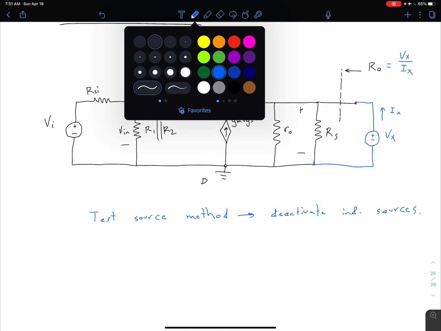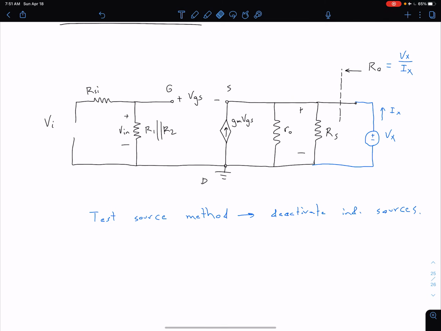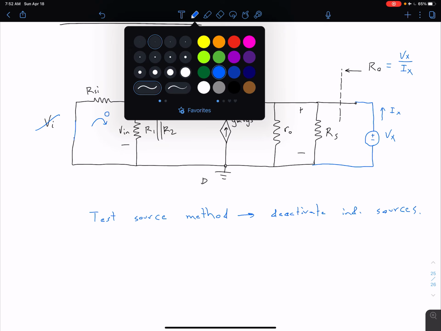So we're going to get rid of this, and if we want a voltage source to go to 0, which is what we do when we deactivate it, we're just going to replace it with a short circuit. So we no longer have this Vi voltage here. And that's going to result in 0 current over here in the left side of the circuit, so we can essentially ignore everything that's going on over there, and focus on the right side of our circuit.